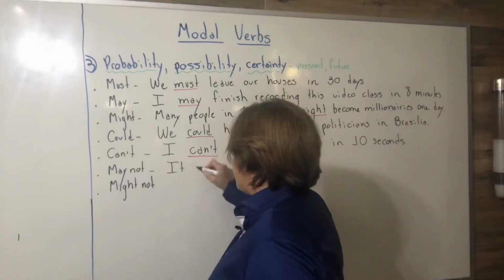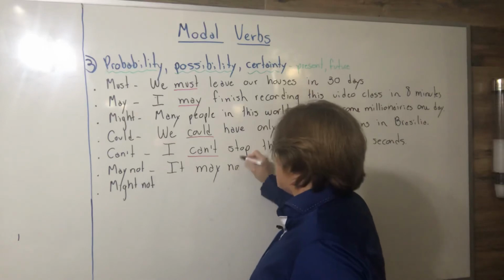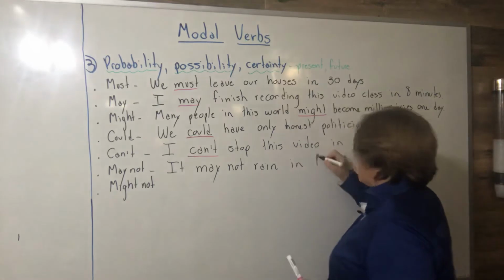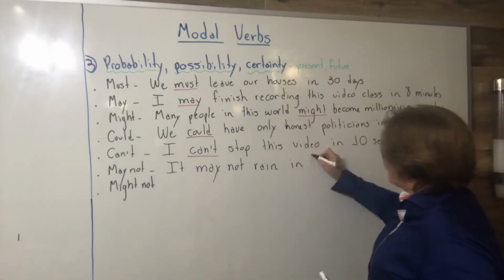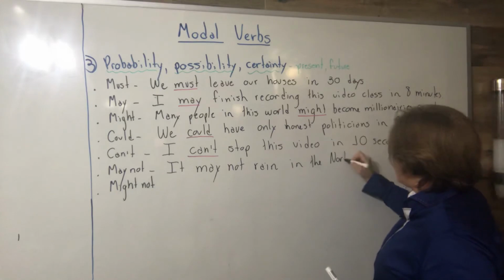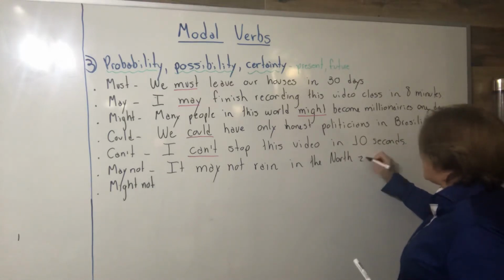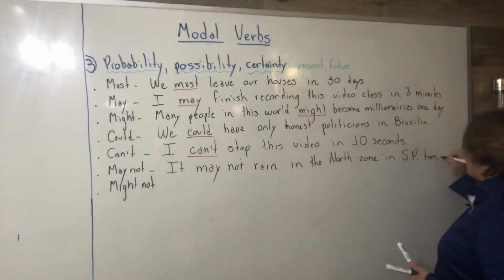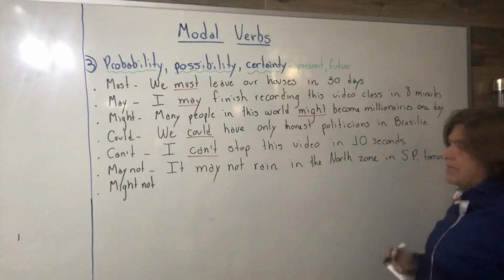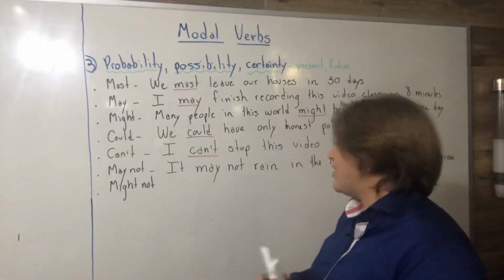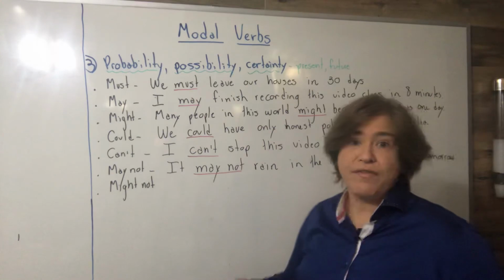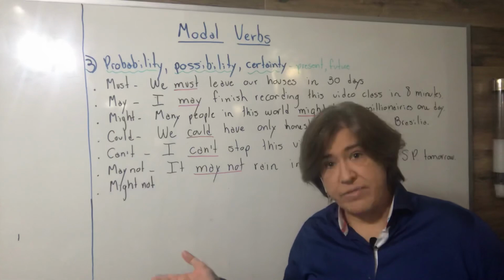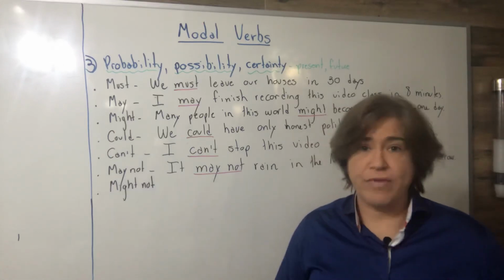It may not rain in, my God, teacher is bad, in the north zone in São Paulo tomorrow. So I am using may not because I read this information on a website. So 50% chance, okay, that it may not rain.